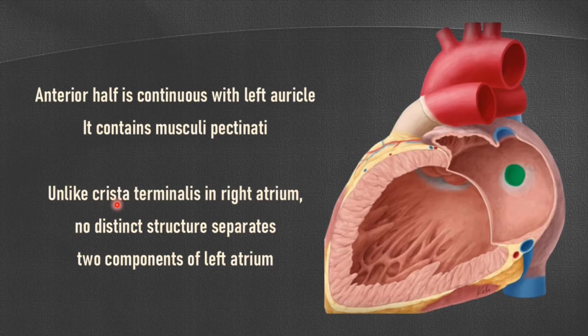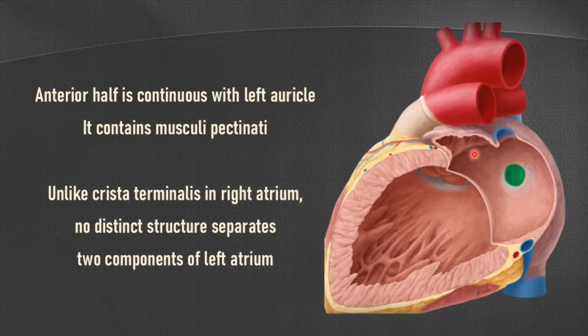Unlike the crista terminalis in the right atrium, there is no line of demarcation between the smooth and rough wall. On the right side, there is a line of demarcation between the smooth and rough wall of the chamber of the heart, the crista terminalis.